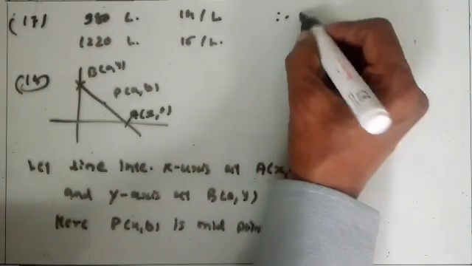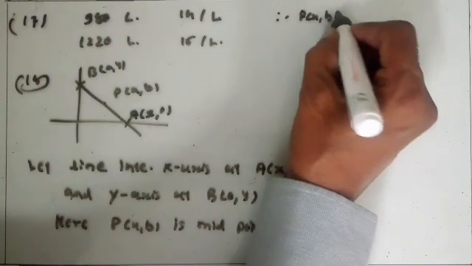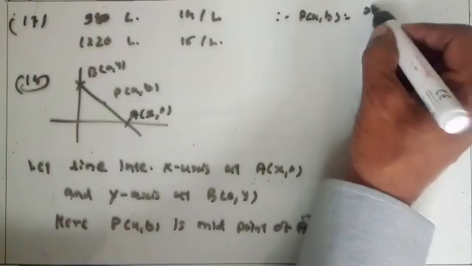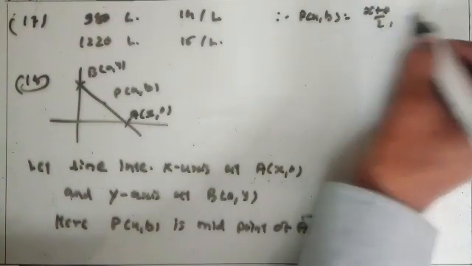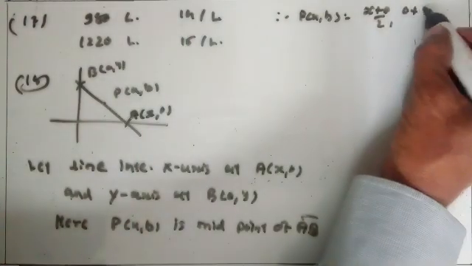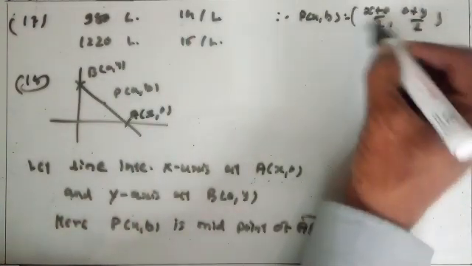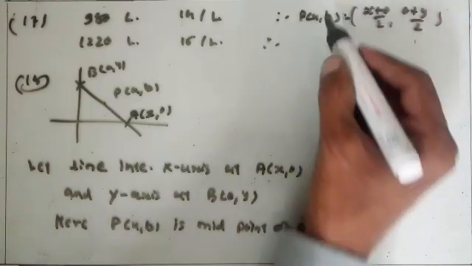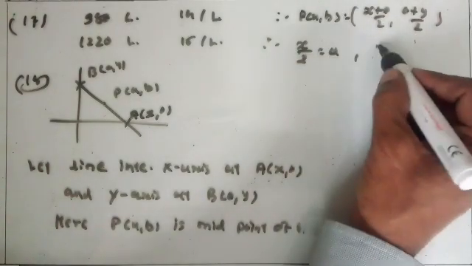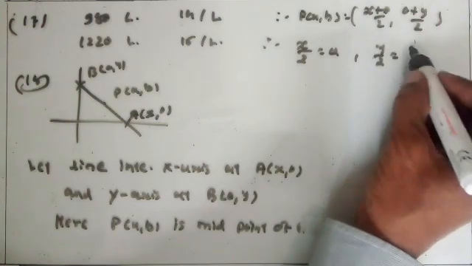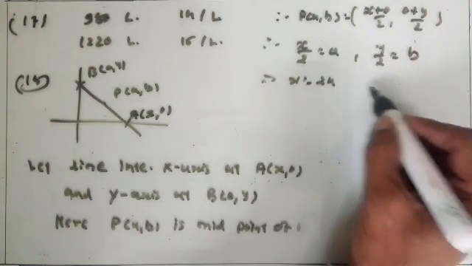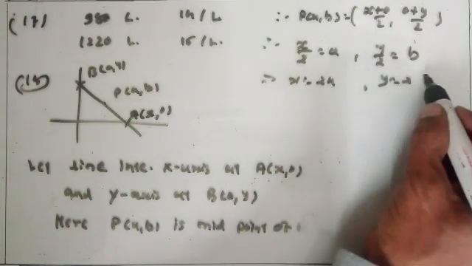Therefore, P(a, b) is equal to (x1 plus x2 upon 2), that is x plus 0 upon 2, 0 plus y upon 2. Clear? Therefore, x upon 2 is equal to a, and y upon 2 is equal to b. Therefore, x is equal to 2a and y is equal to 2b.